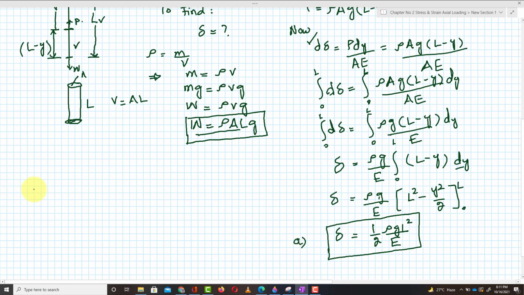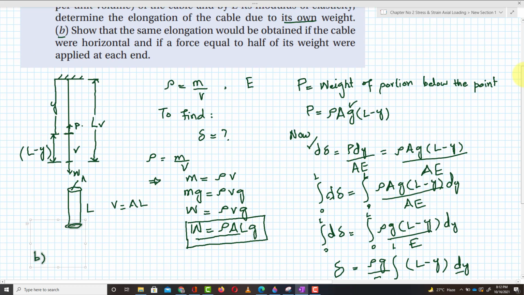Now moving toward the second part, in which it is stated to show that the same elongation would be obtained if the cable were horizontal and a force equal to half of its weight applied at the end.